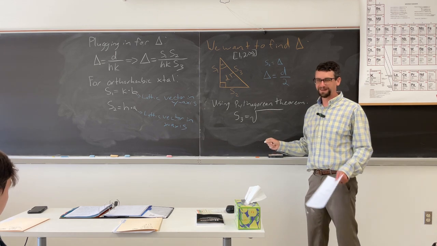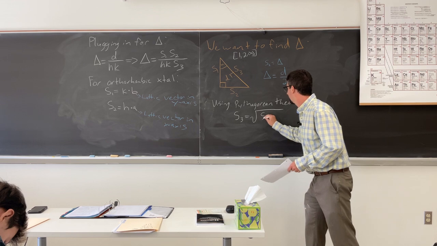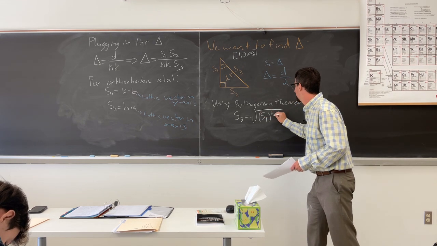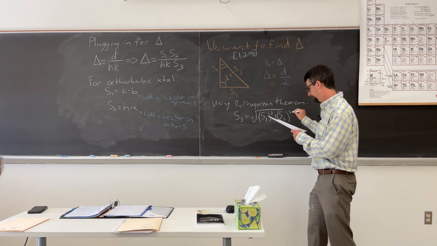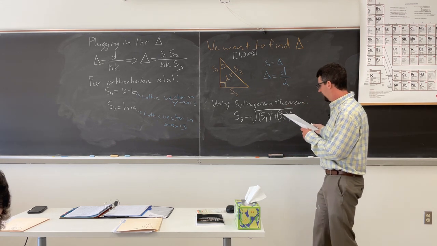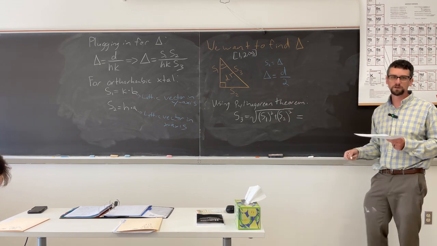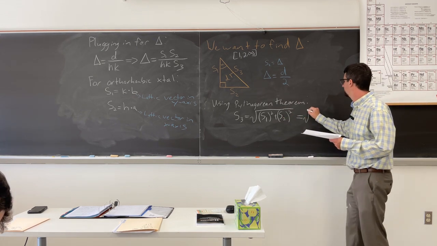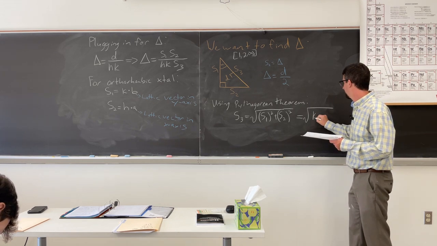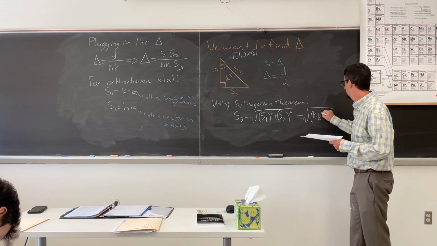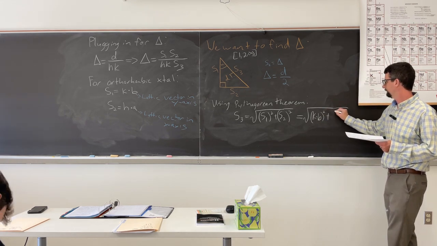I want S1 and S2 for now. Okay. We have another expression for that, though. S1 and S2. What's S1 equal to? Yep. A times B squared. And what's S1 equal to? Yep.